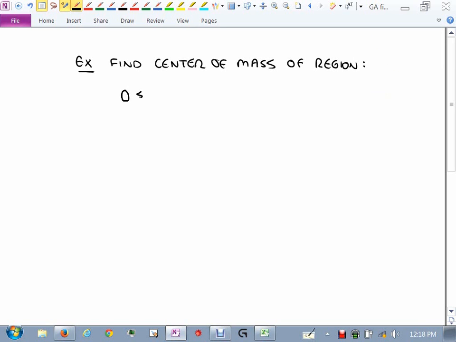Your x's are between 0 and 2, and your y's are between 0 and 4. That's your region. So what is that geometrically? It's a rectangle.